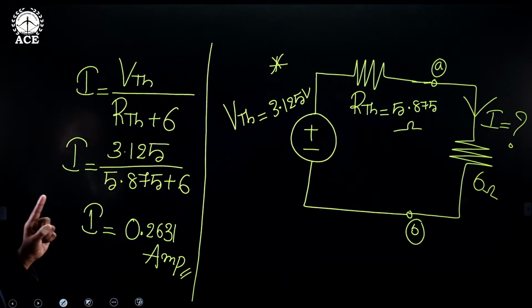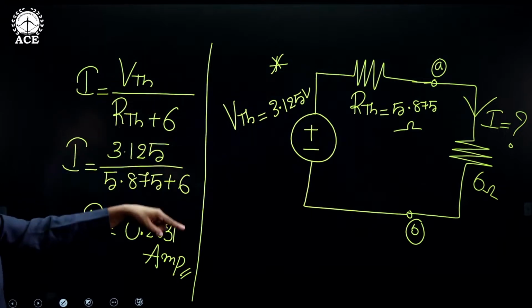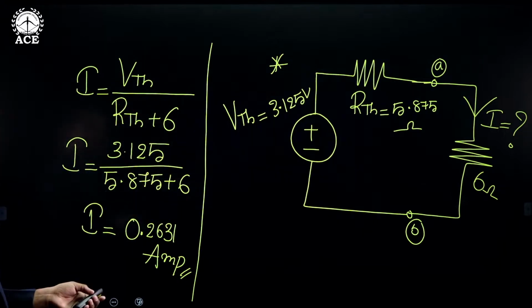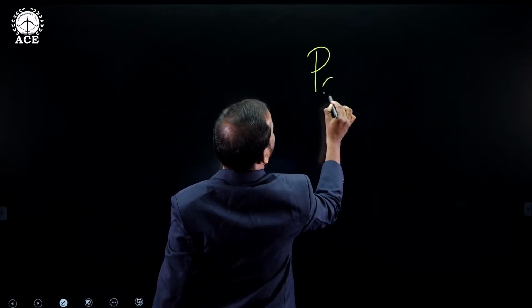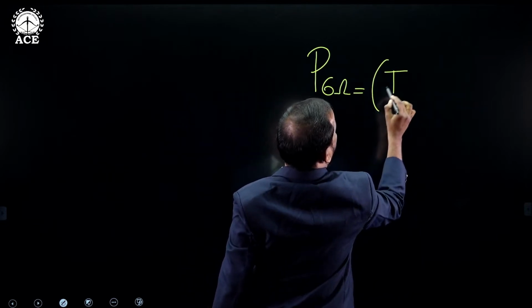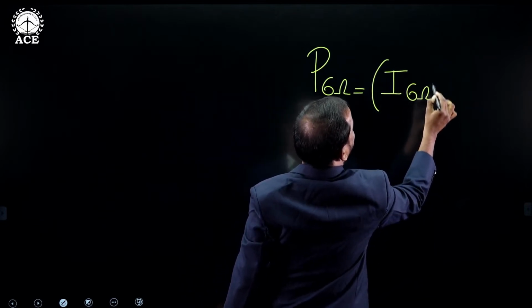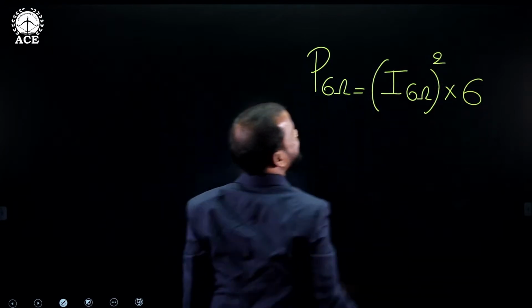Now what is the last point here? The last point is how much power is dissipated by the 6 ohms. For that, what formula are we using? Simple. Power dissipated by the 6 ohms is equal to the current flowing through 6 ohms, whole square, into the value of that 6 ohms.